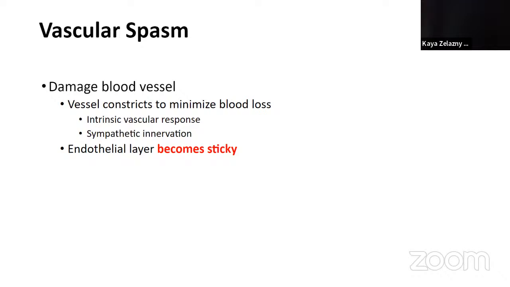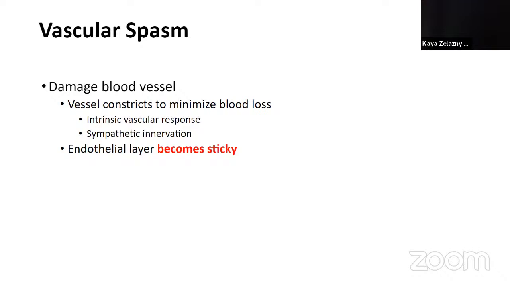And this is an intrinsic vascular response, meaning it's automatic and it's happening right at the level of that injury. As we cut the wall of the blood vessel, it immediately responds by contracting. There's also some sympathetic innervation amplifying this effect. We'll see some of the same neurotransmitters from the sympathetic nervous system aid in this constriction of the blood vessel.